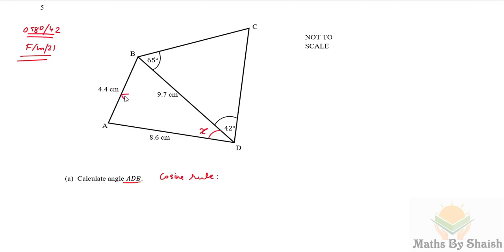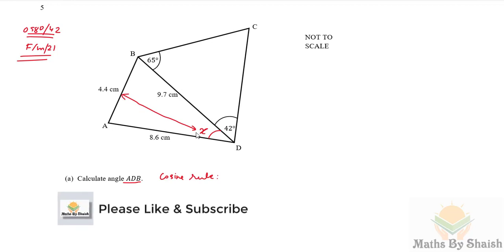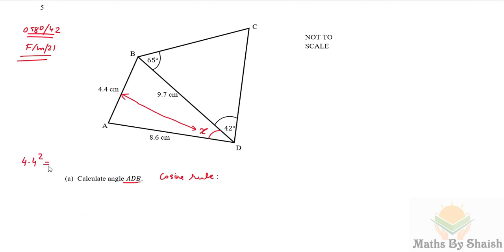We have to find the pair. Pair means angle and its opposite side. It would be very helpful, because once we are using the Cosine Rule, one formula we can use by this pair. We can use 4.4 square equals, in a cycle in a clockwise direction.